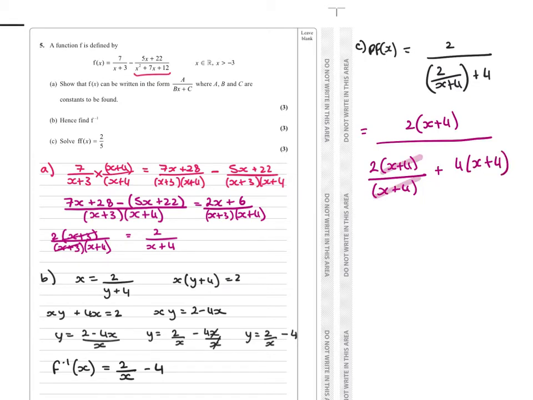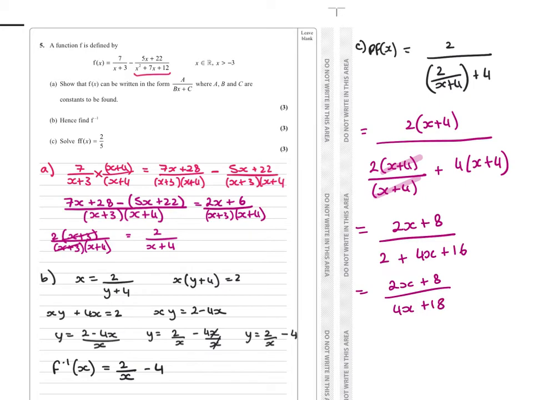These x plus 4s are going to cancel. So on my numerator, I'm going to have 2 lots of x plus 8 over 2 plus 4x plus 16. This is going to give me 2x plus 8 over 4x plus 18.